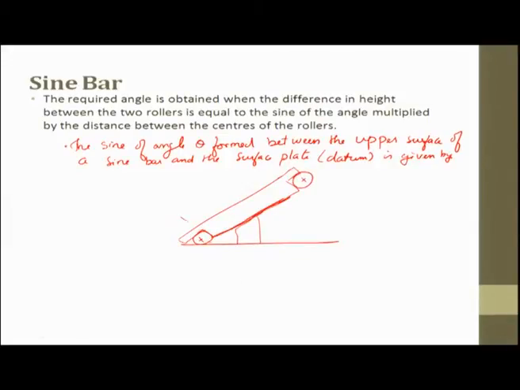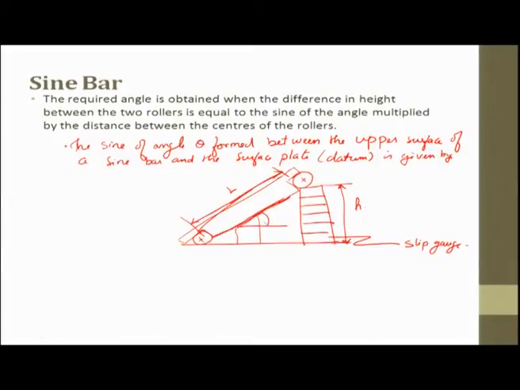So, this distance is L, this distance is L, and this on top is resting on a slip gauge. This is a slip gauge of a height h.